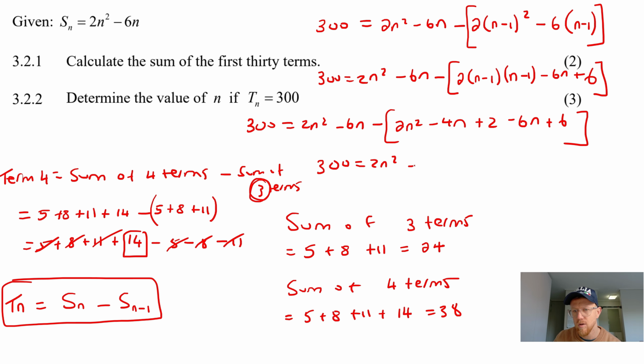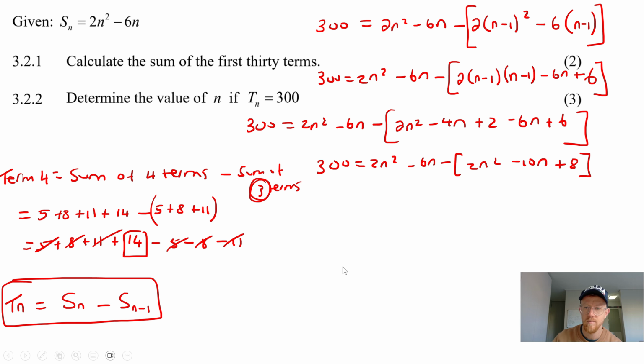Now we can go and put this negative inside. Well, in fact, let's first simplify this bracket a little bit. So it's going to be 2n squared minus 4 minus 6 is minus 10, and then plus 8. And then 300 equals 2n squared minus 6n minus 2n squared plus 10n minus 8.